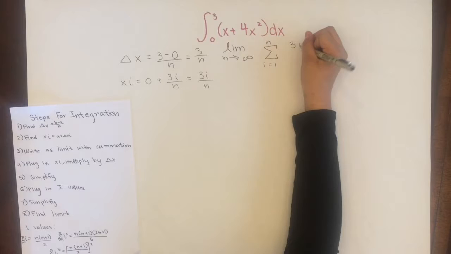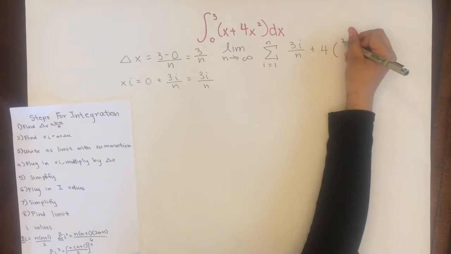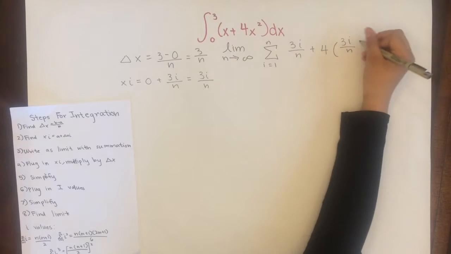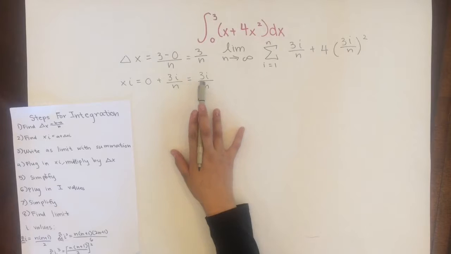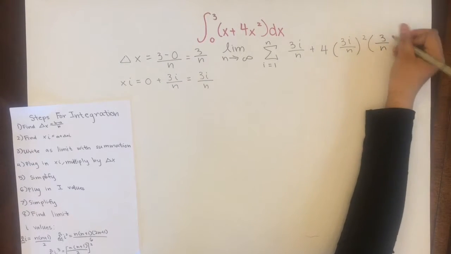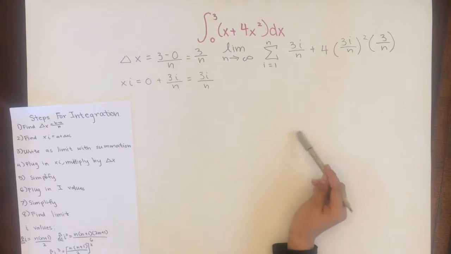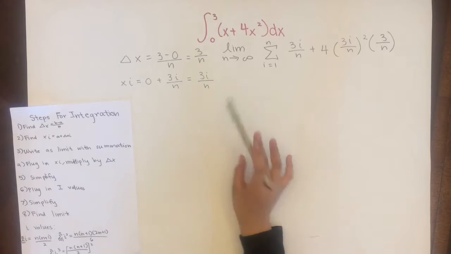So we have 3i over n plus 4 times 3i over n squared. And then you need to multiply everything by delta x, which is 3 over n.